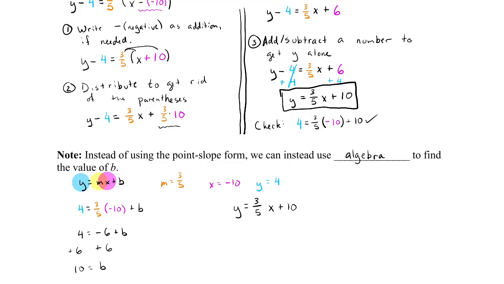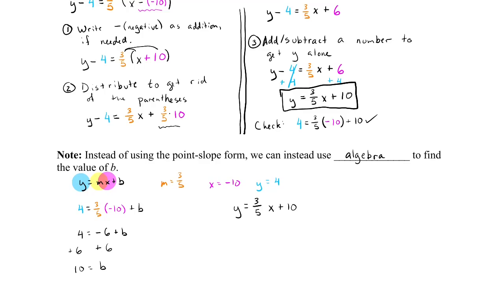Second is that there's just less thinking involved. There's less decision-making involved in going from the point-slope form to the slope-intercept form than there is in solving for b.